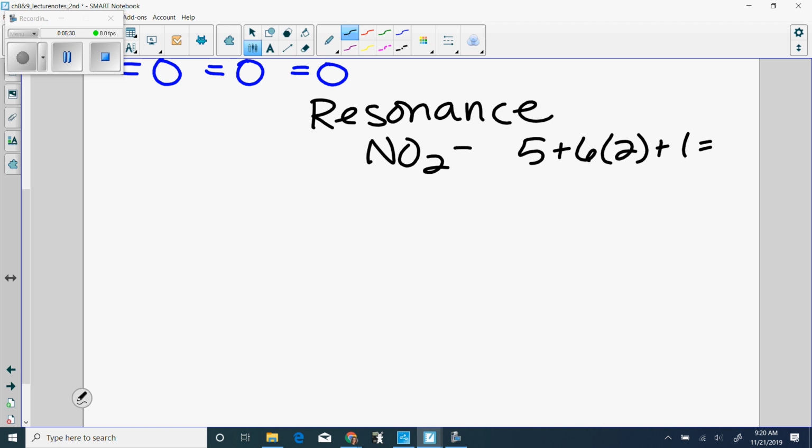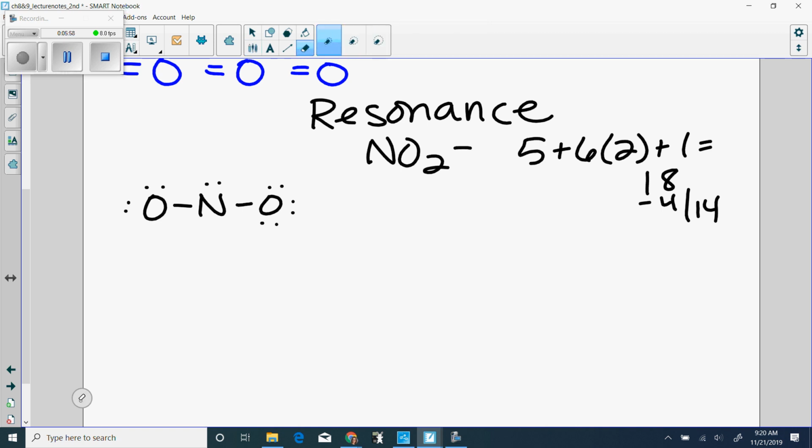So 12 plus 6, minus 4. If I did this, nitrogen would be missing his pants, so you can't do that, right? So we're going to double bond. But this is an example where I'm just randomly picking this side to double bond. It wouldn't matter if I picked the other side.